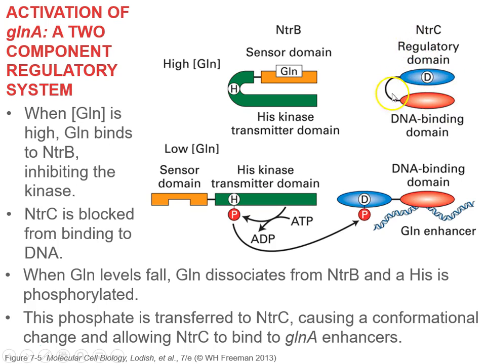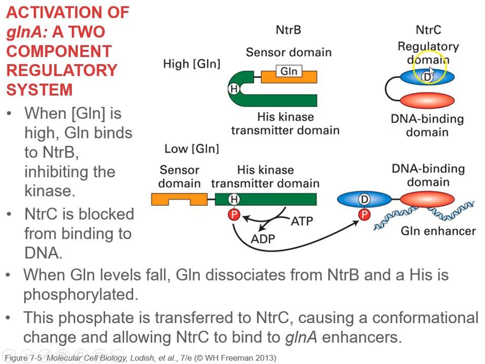So here's NtrC, and it has a regulatory domain and a DNA binding domain. When the regulatory domain is not phosphorylated, the DNA binding domain is covered up. But when this His on NtrB gets phosphorylated, it transfers the phosphate to an aspartate on the regulatory domain.